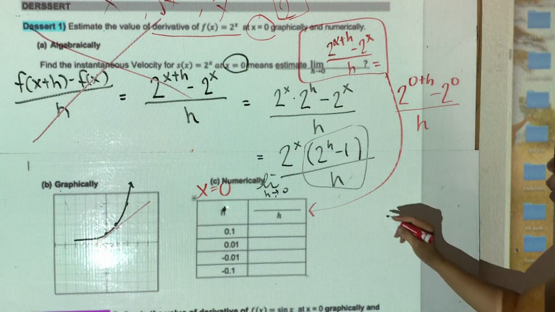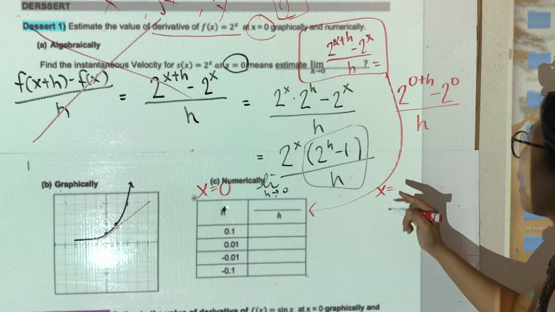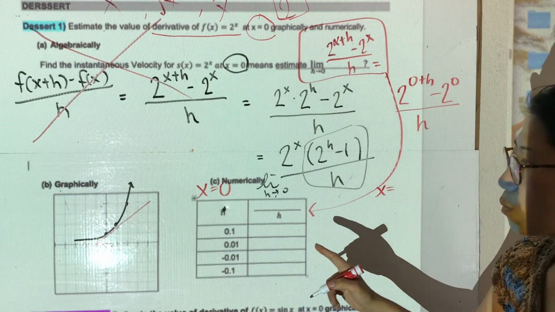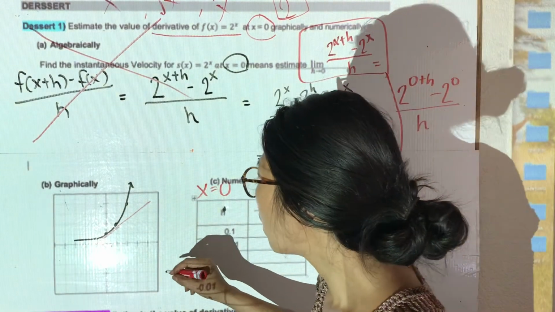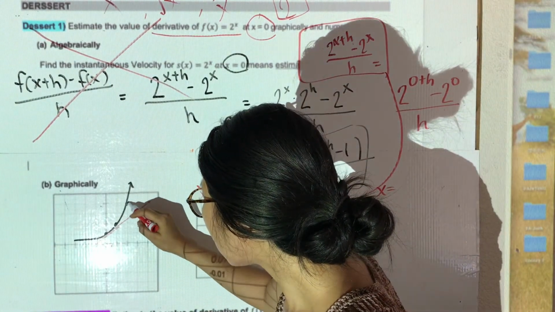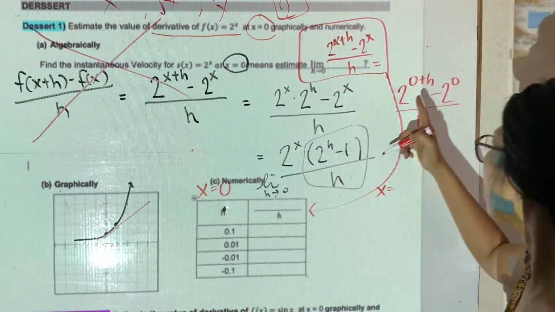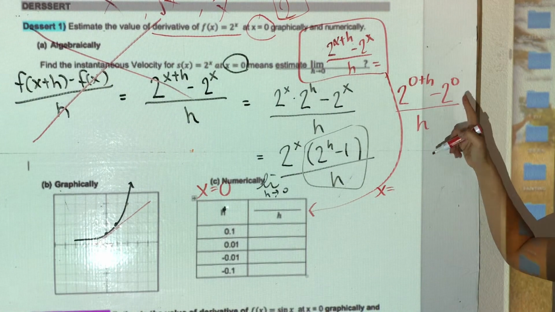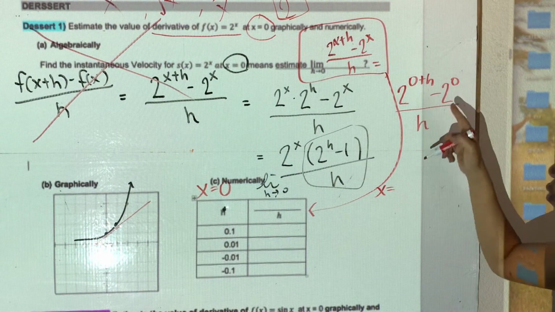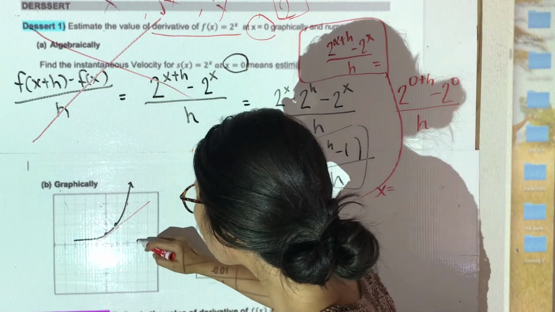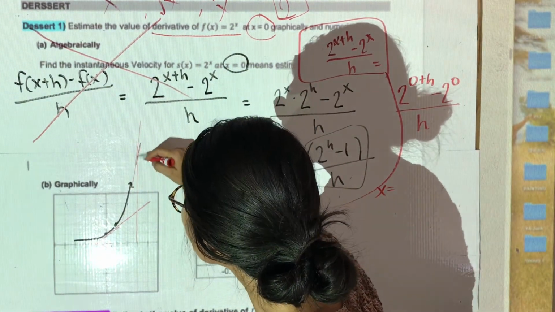Then, Yana, what if I'm looking at my rate of change, which means I want to find the slope around 2 here? Then you plug in 2 for the x value. This time I don't want to plug in 2 because these 2s are very confusing. So what if I want to find the rate of change at 3?